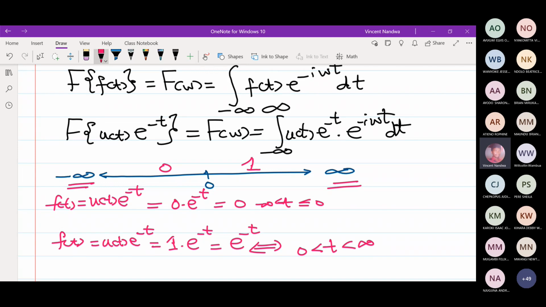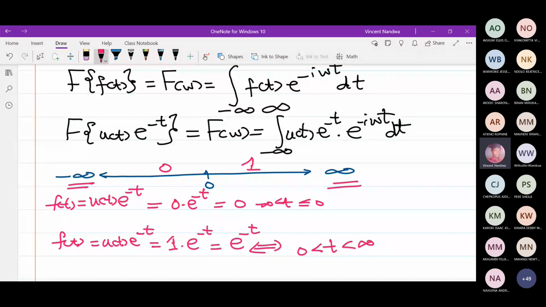Because from minus infinity to 0, f of t is 0, when we carry out the integration in that interval, we get 0. So it will be of no use from minus infinity to 0. We only concentrate from 0 to infinity because that is where f of t is going to give us a non-zero value.